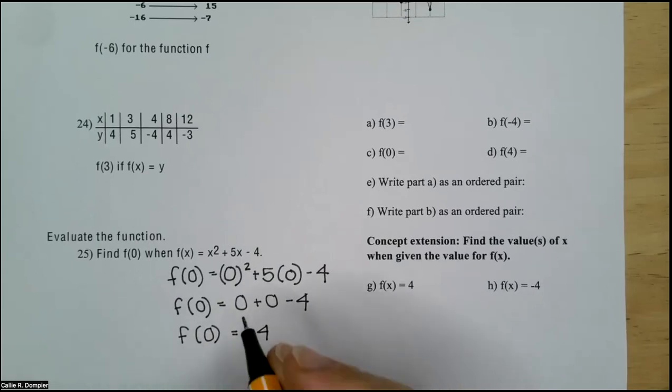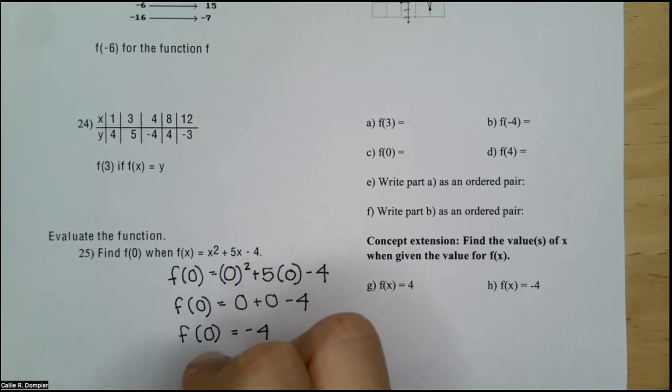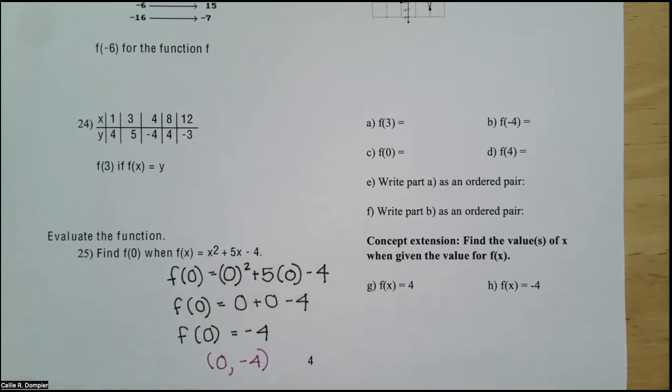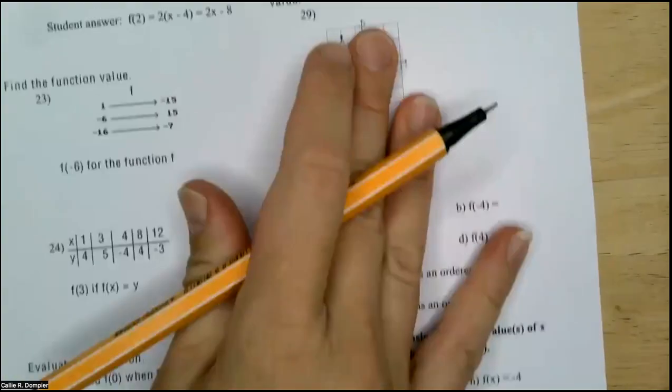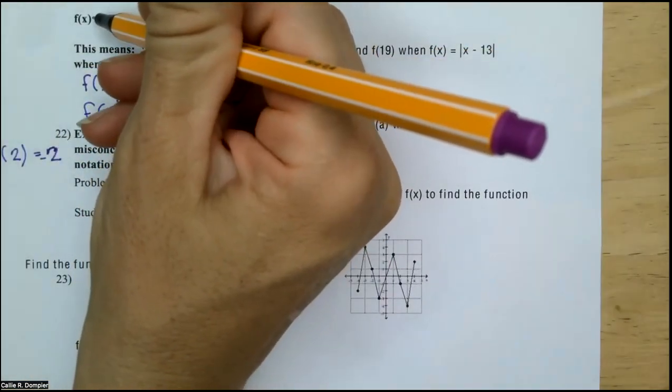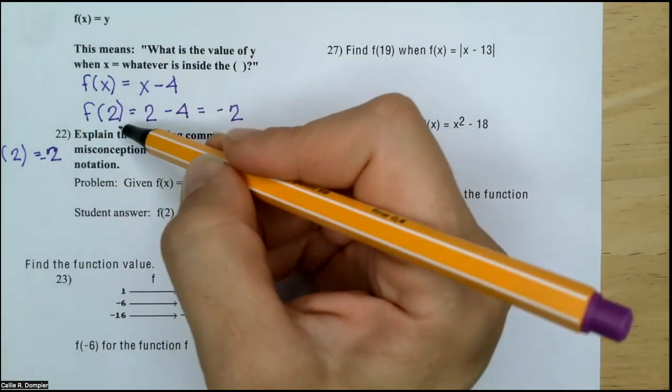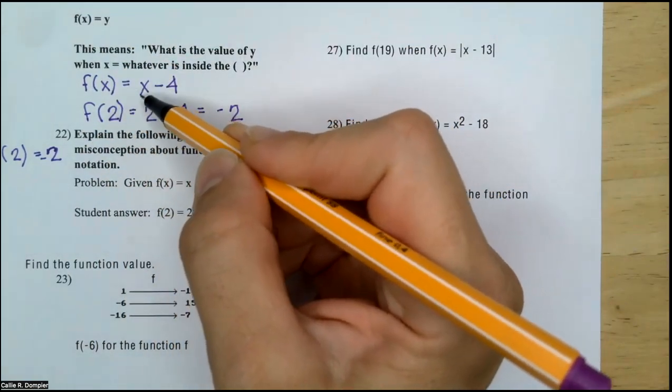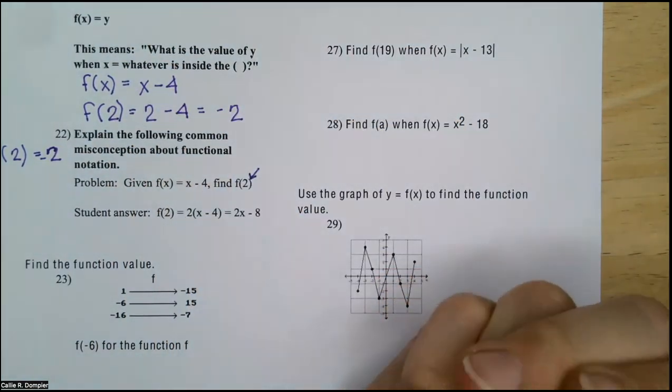F of 0 equals -4 because when my x equals 0, my y will equal -4, and so the point 0, -4 exists on the line of the function. So when we say f of x equals something, and you see it get replaced with a number, that just means put that number in for x.